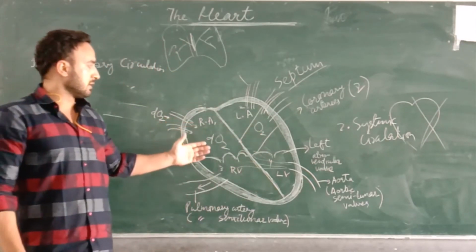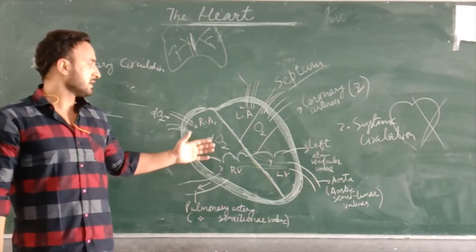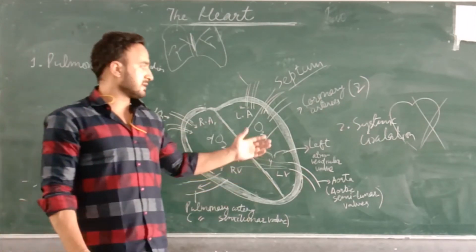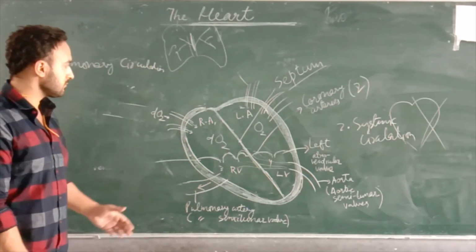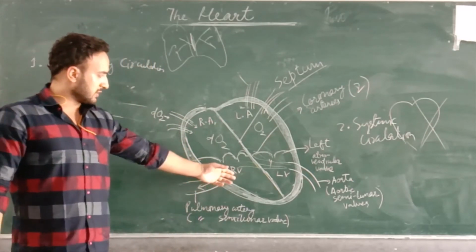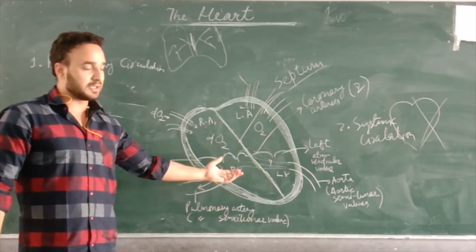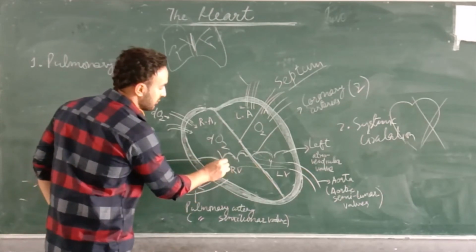This is oxygen rich and this is lacking oxygen, right? So the right side of the heart contains deoxygenated blood, while the left side contains oxygenated blood. I will explain, right? So this right auricle and right ventricle contain the deoxygenated blood which it received from the right auricle, right?